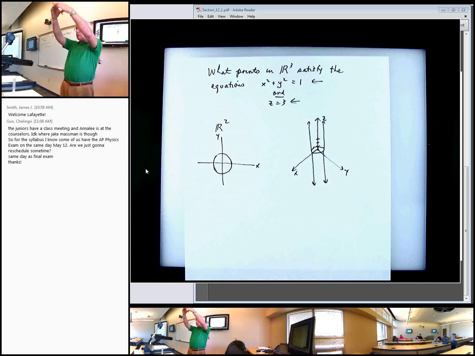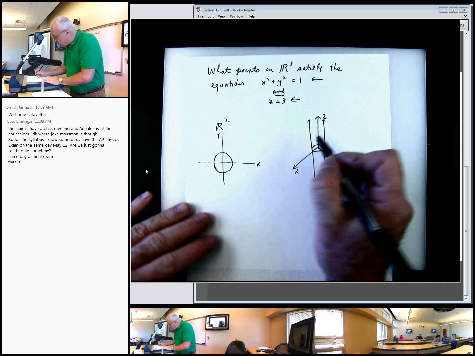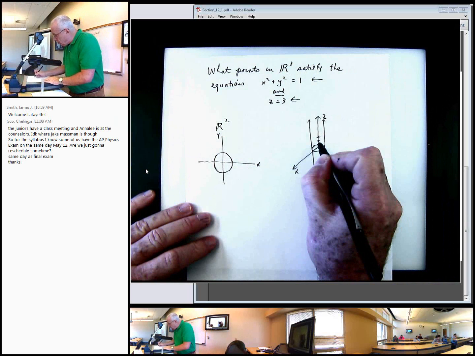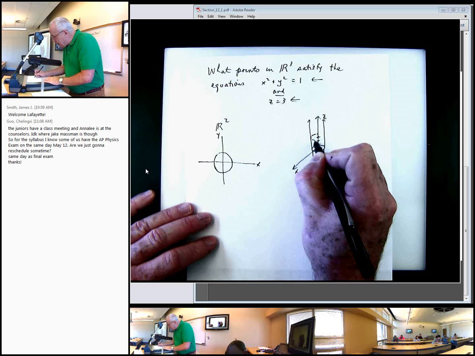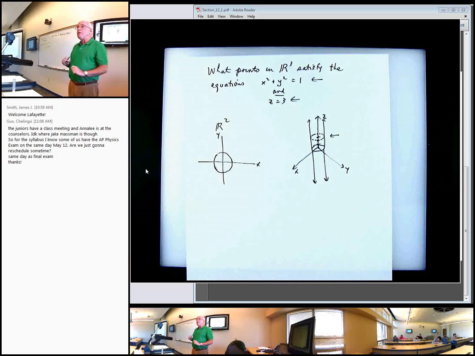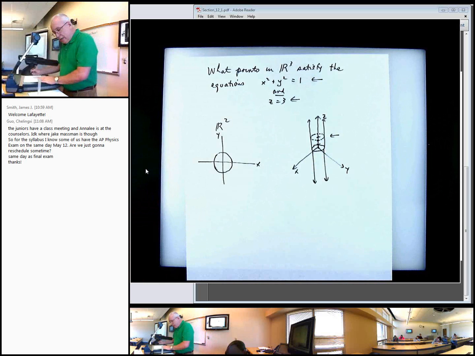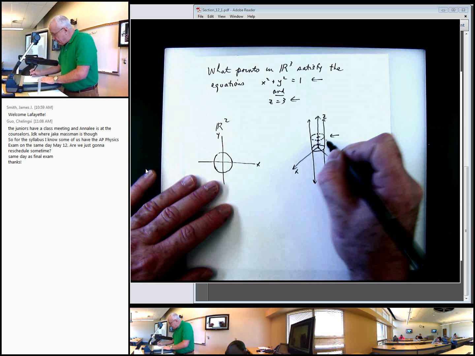But we are then restricting this to just z equals 3. So we're going to just be looking at this circle where z is equal to 3, and it has radius 1.